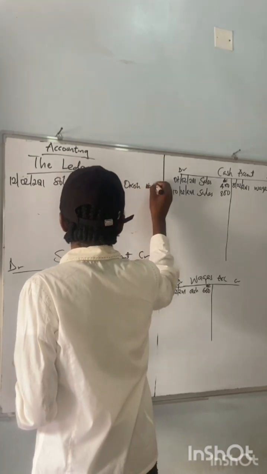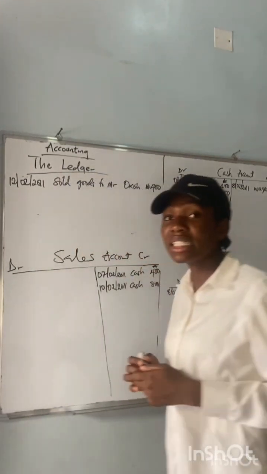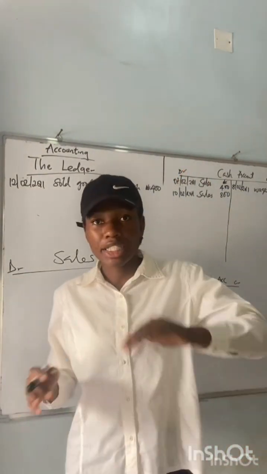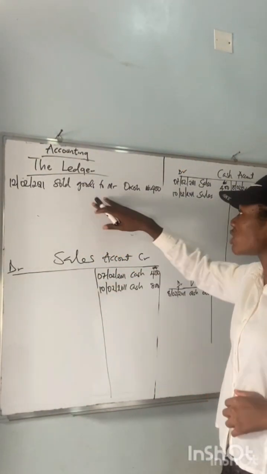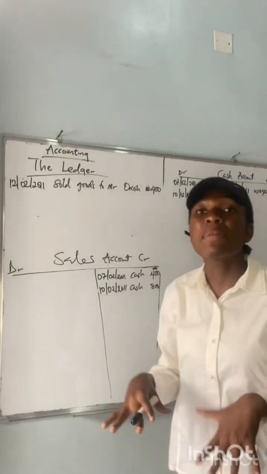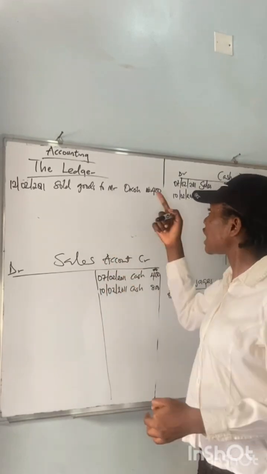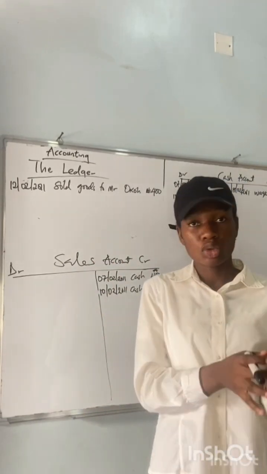We're not told that we sold goods to Mr. Oko by cash, we're just told that we sold goods to Mr. Oko. It means he didn't pay immediately, maybe the payment was delayed to a later date. That means Mr. Oko at this point becomes a debtor to the business.